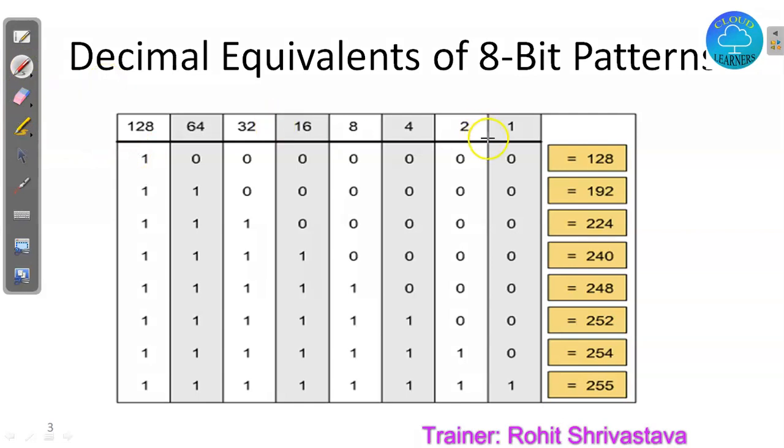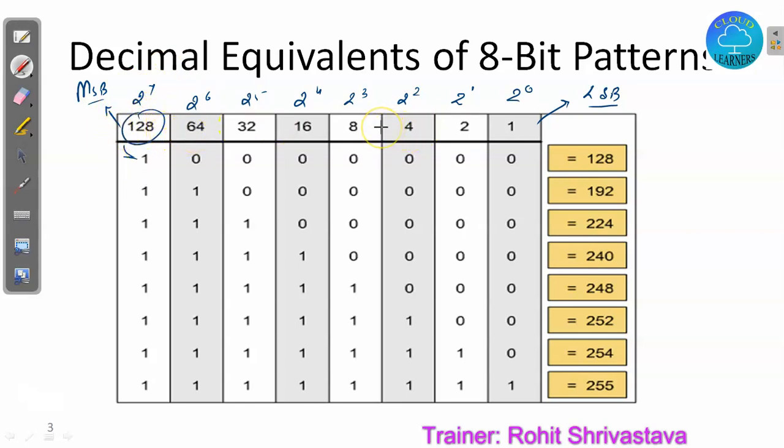It will be 2 raised to the power 0 for the least significant bit, LSB, and this bit is the most significant bit, MSB. Starting from the right-hand side, 2 raised to the power 1, 2, 3, 4, 5, 6, and 2 raised to the power 7. So the weight for the MSB is 128.